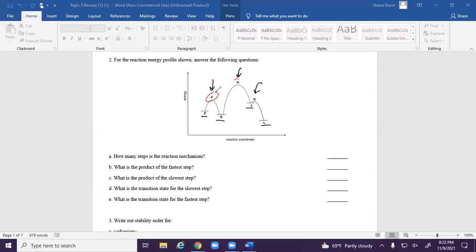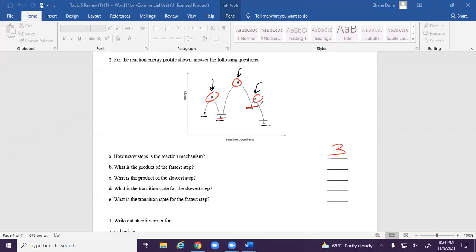I have 1, 2, 3 humps. How many steps? There are 3 humps, there are 3 steps. How many intermediates do I have? I have 2. G and J would be intermediates. E is our initial reactant, and L is our last product.